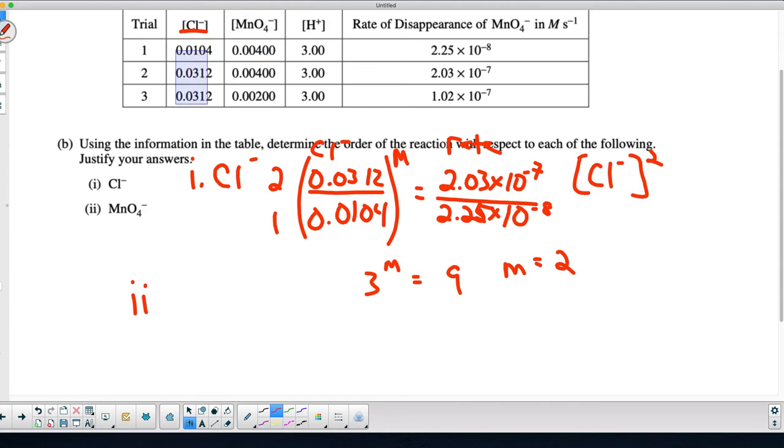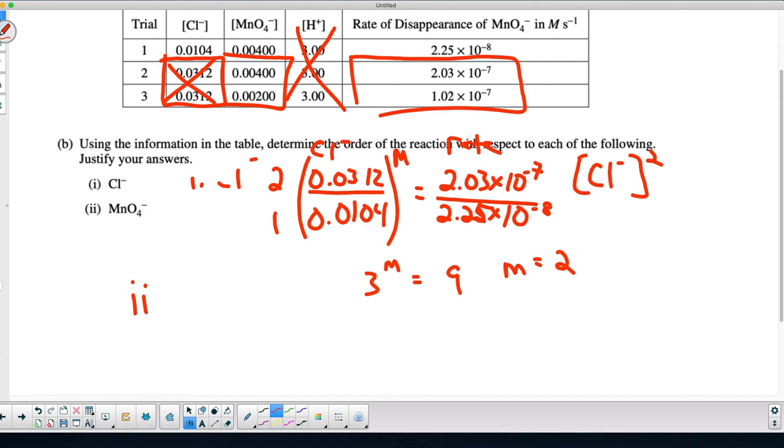Except this time, first of all, I'm still going to ignore the acid, because that doesn't change no matter what we do. But notice here for Cl minus, trials 2 and 3 are the same, so I can ignore them. And then I have my MnO4 is changing between trials 2 and 3, and it changes here again for rate.